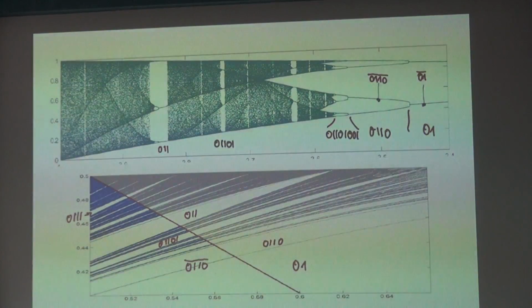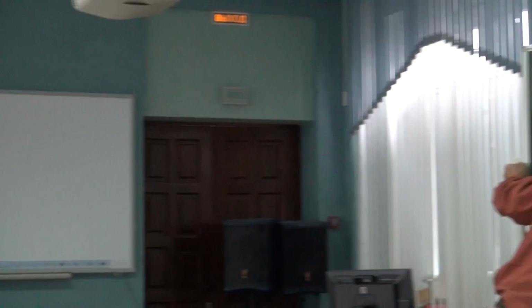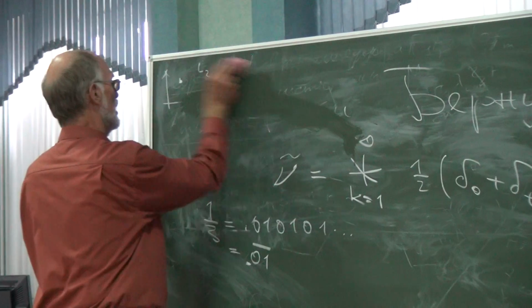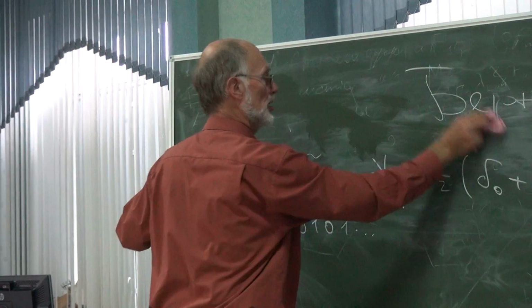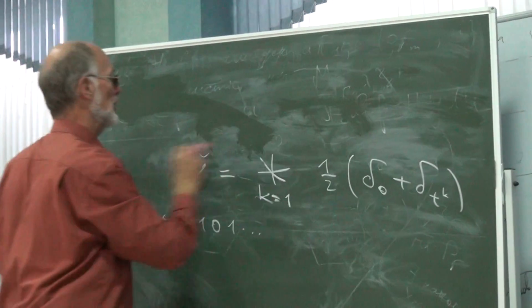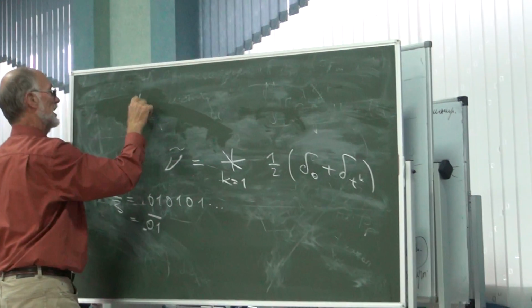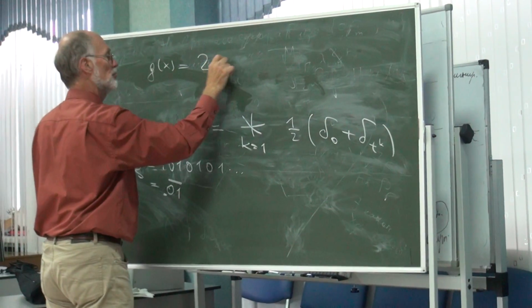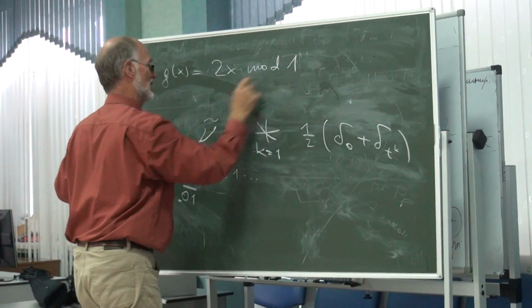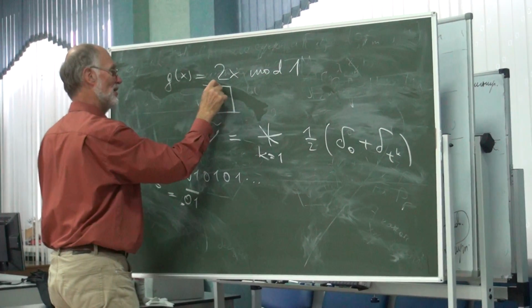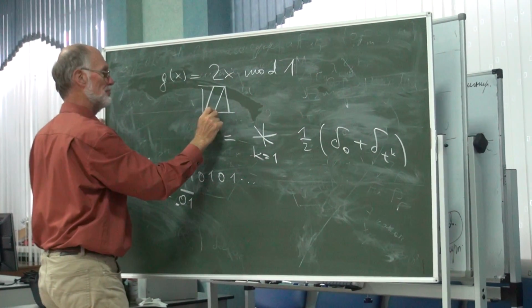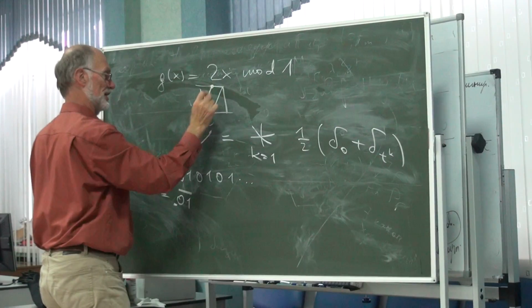Both of these, as well as the Mandelbrot set, are based on the doubling map. The doubling map is just g of x equals 2x mod 1, where we have no overlap except for the point 1/2.